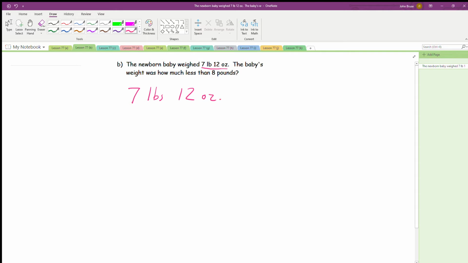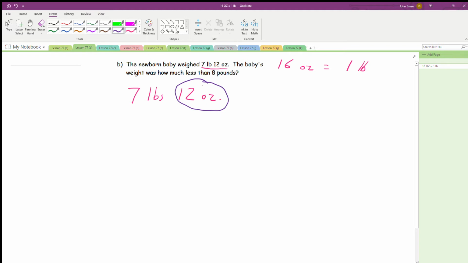Well, I know that 16 ounces equals 1 pound. Okay? So if I know that, 8 pounds would be one more than 7 pounds. So we're almost at 8 pounds right now. We've got 7 pounds, 12 ounces. This 12 ounces, though, is not quite a pound. It's a little bit less than a pound.